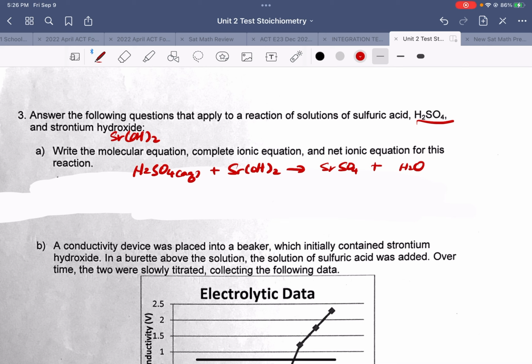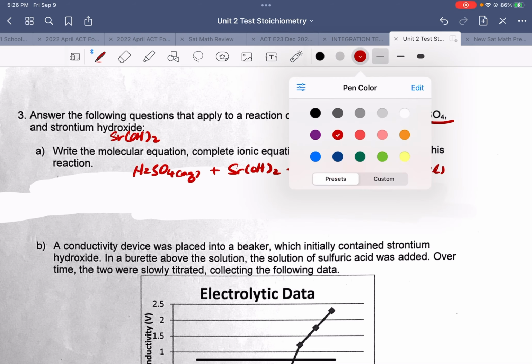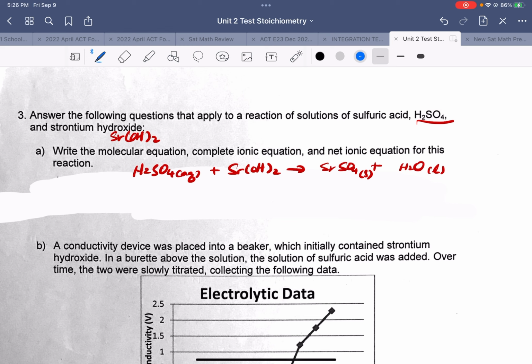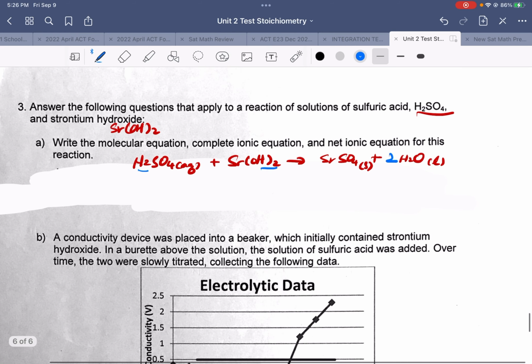SO4 is 2 minus, Sr is 2 plus, so that's perfectly balanced. This is solid because that's a precipitate. Now to balance the equation, you have H2 and H2, so you're going to need 2 water, so 4 H. That's the equation you're going to have. That's the molecular equation.